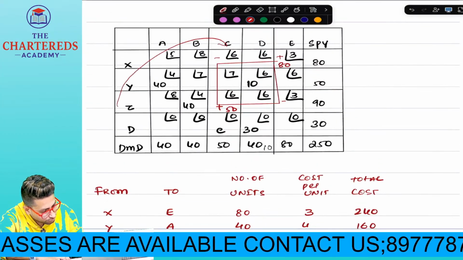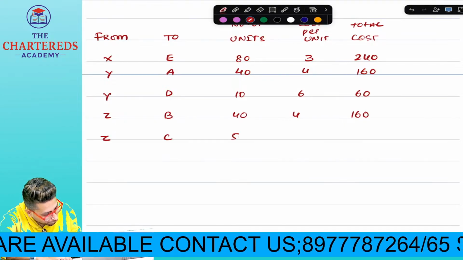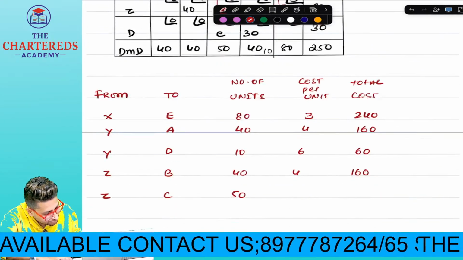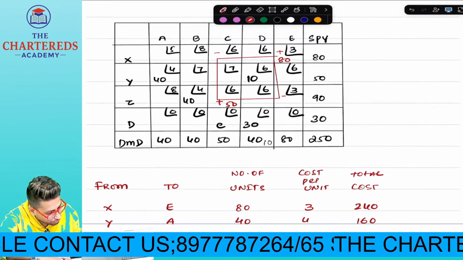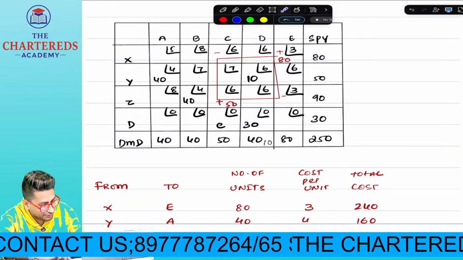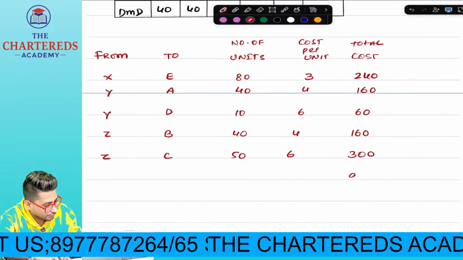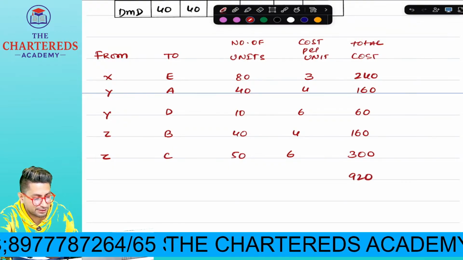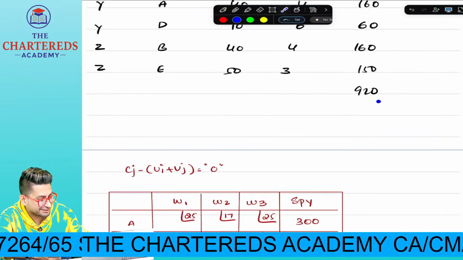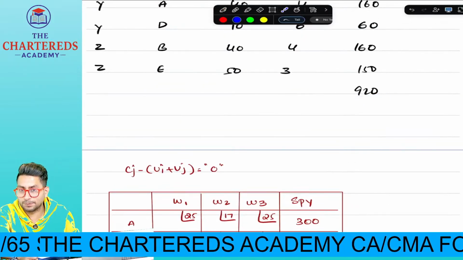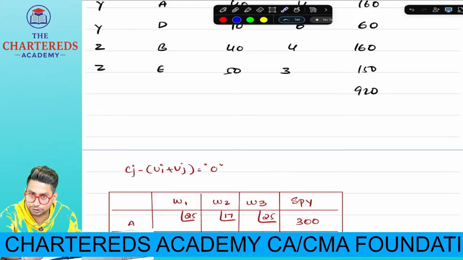Then Z to C, 50 into 6, how much? 300. Then Z to D, we need not consider because D is dummy. Tell the total. 920. Alternative answer, how much did we get? 920. And the actual answer, how much was it? Is it matching? If it does not match, somewhere you have done something wrong. Your actual answer and alternative answer both should match.